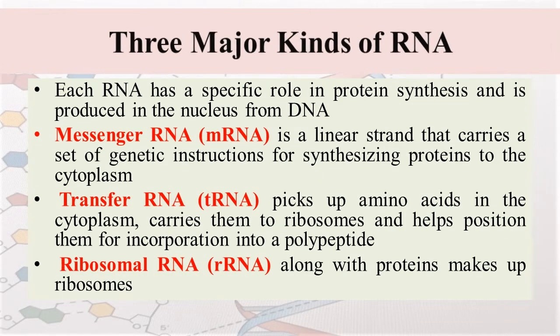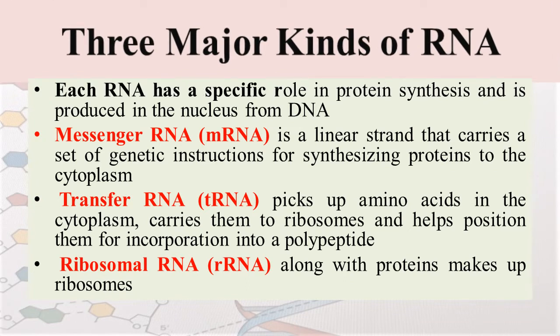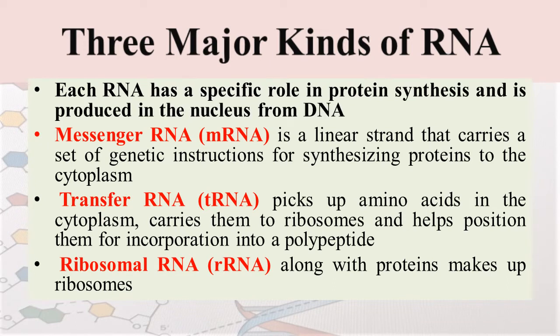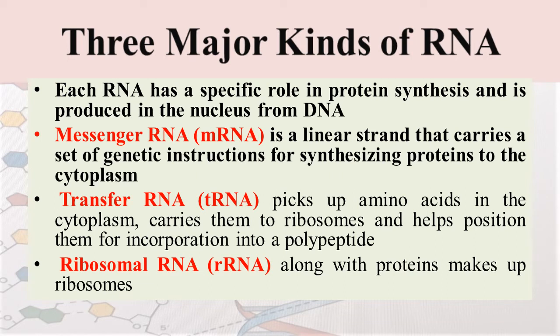Now students, I will tell you that there are three major kinds of RNA involved in the process of protein synthesis. Each RNA has a specific role in protein synthesis and is produced in the nucleus from DNA. The first important category is messenger RNA, abbreviated as mRNA. It is a linear strand that carries a set of genetic instructions for synthesizing proteins to the cytoplasm.